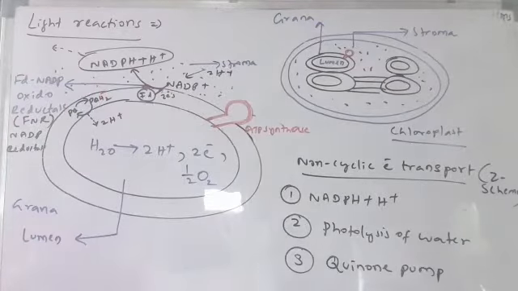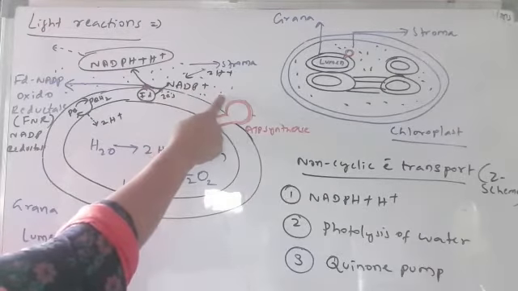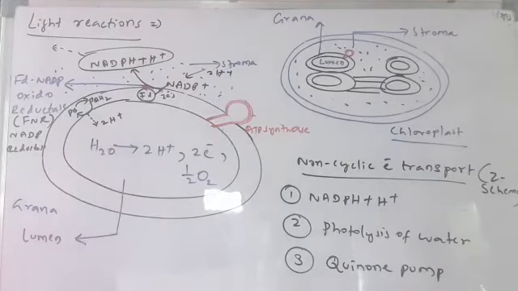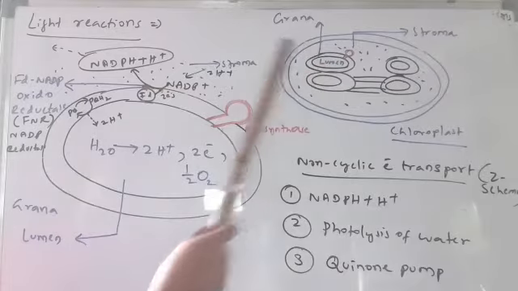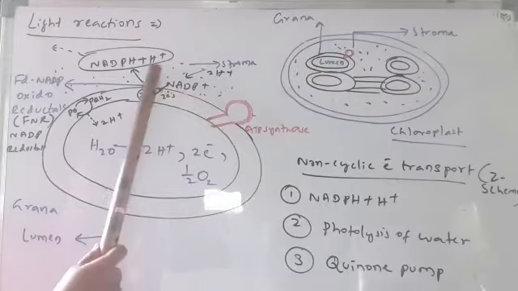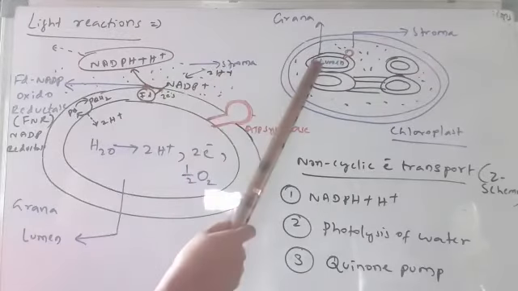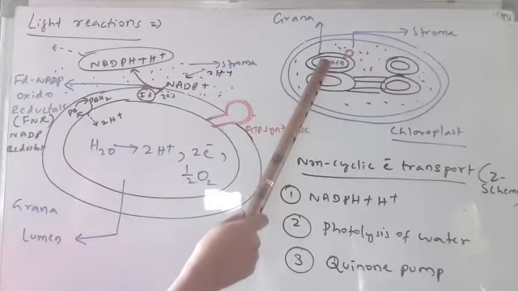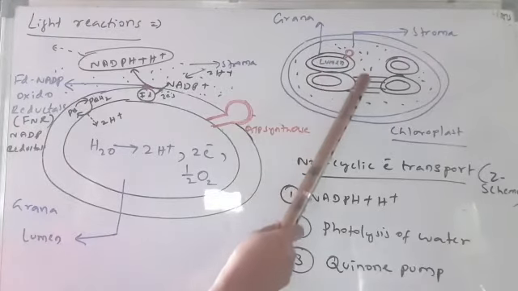Due to this non-cyclic electron transport, the proton concentration in the stroma has decreased and the proton concentration in the lumen has increased. If you observe the diagram, this is a chloroplast, this is the grana part, this is the stroma lamellae.